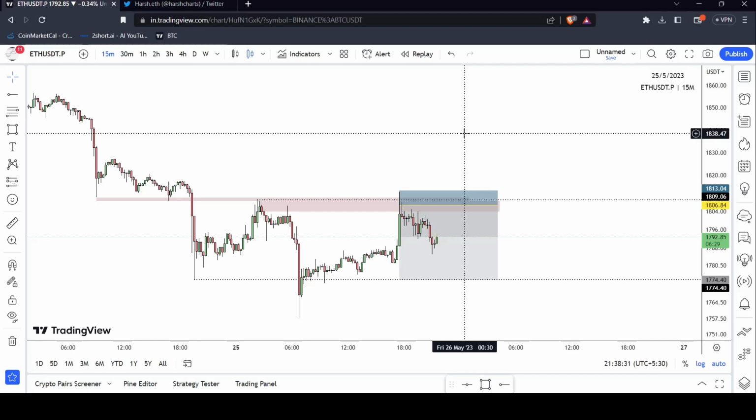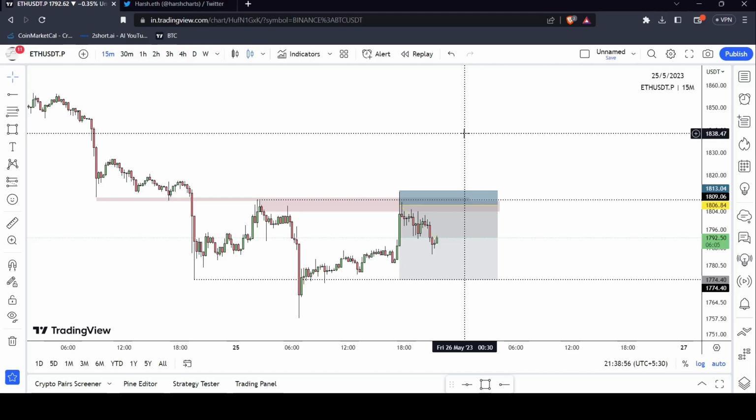We will mark the support and resistance area. Now we will wait for a liquidity sweep of previous swing highs or swing lows. After that, we will enter the position. Our SL will be just above the liquidity sweep, or just below it if you are entering a long position. Our target will be the support or resistance area, and our main target will be the swing low.